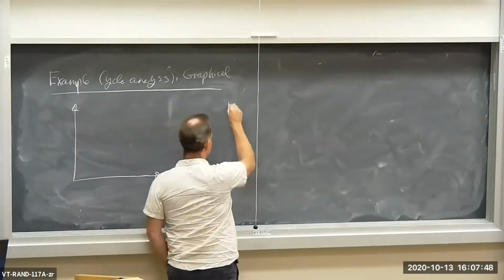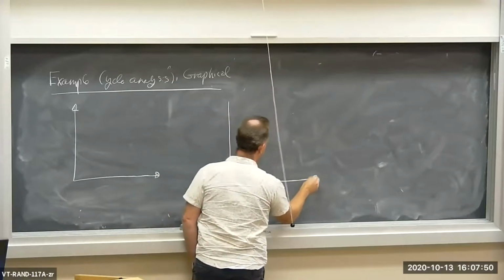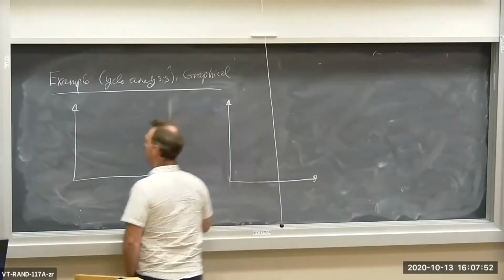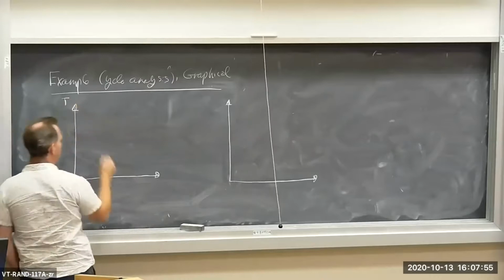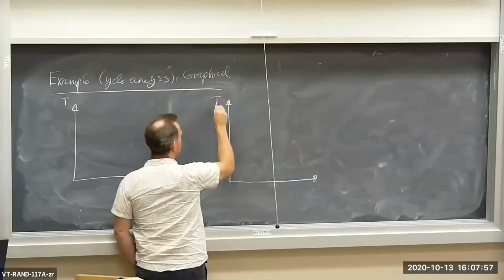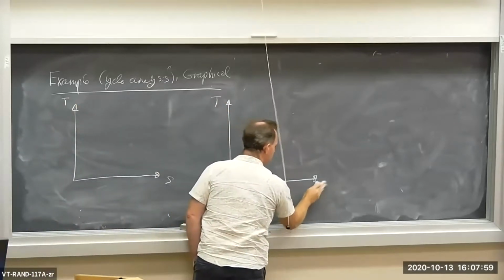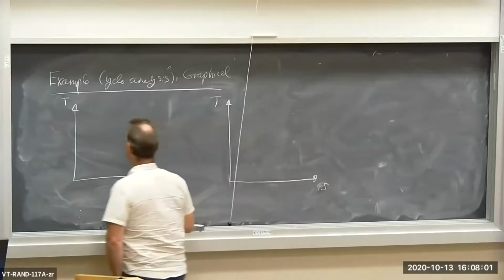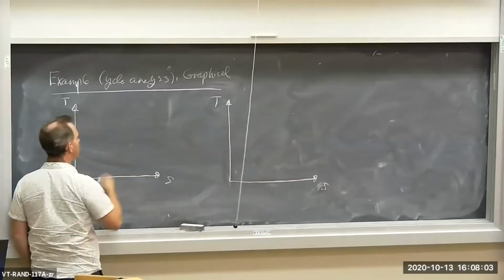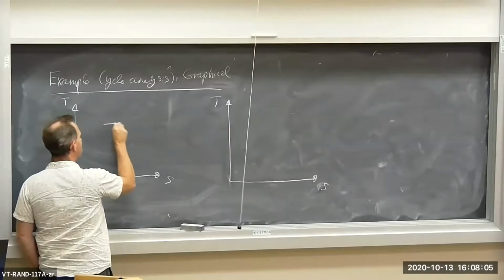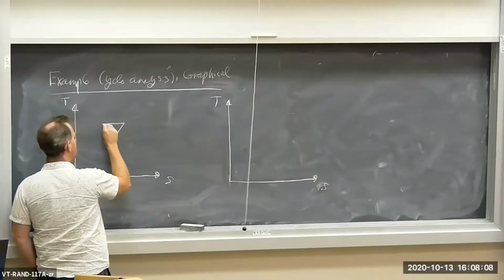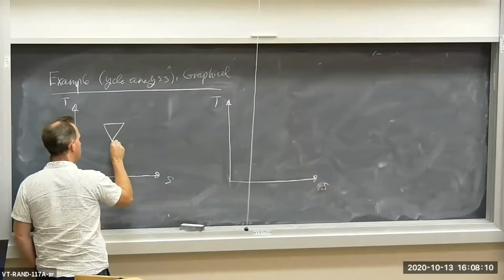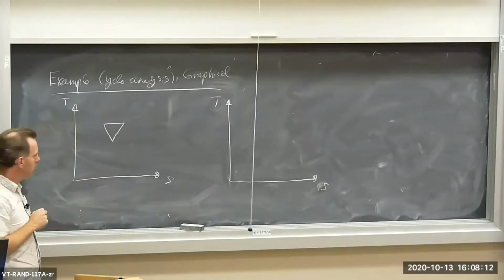Here's one, and here is the second cycle. These are both TS diagrams. So let's say here's my first cycle. There's my first cycle, okay?